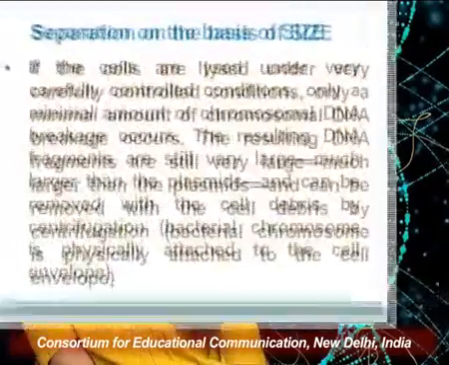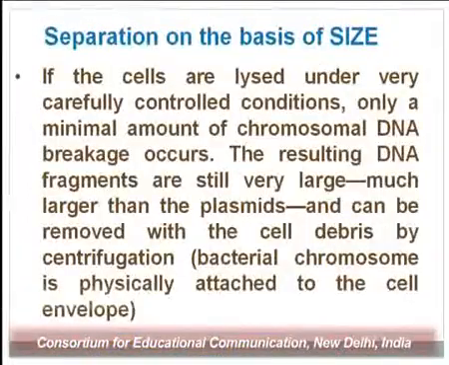And how do we do that? If the cells are lysed under very carefully controlled conditions, when we are cutting open the cells and isolating the DNA, there tends to be a mechanical shearing that can occur. If we do this lysis and the isolation of the total cell DNA in a very precise and controlled manner, then we tend to get very intact DNA.